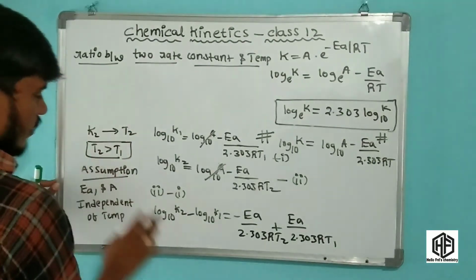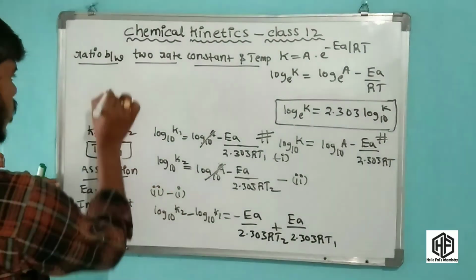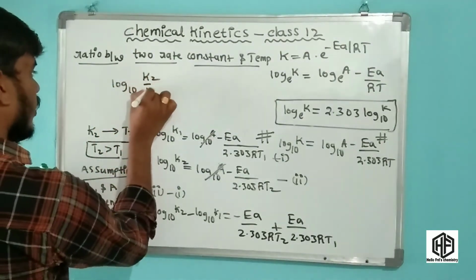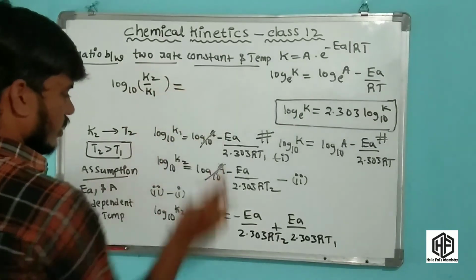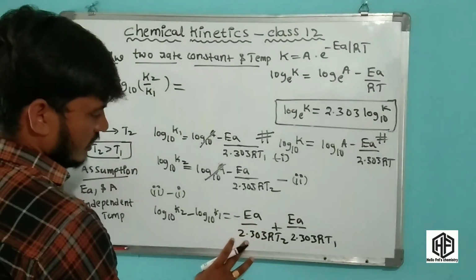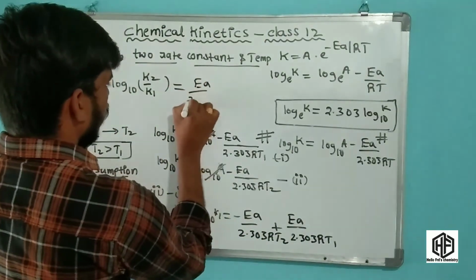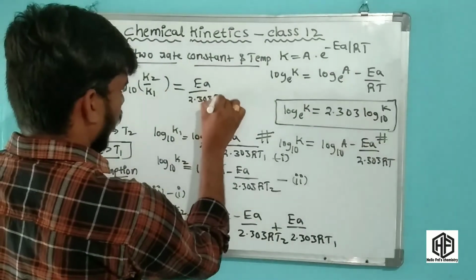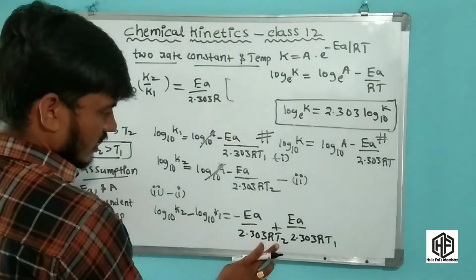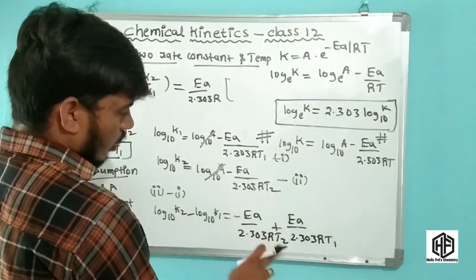Now finally the equation: log base 10 K2 minus log base 10 K1 is log base 10 K2 by K1, equal to Ea by 2.303 R common, times 1 by T1 minus 1 by T2.